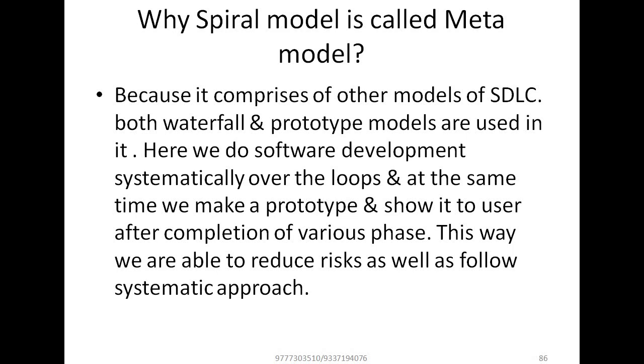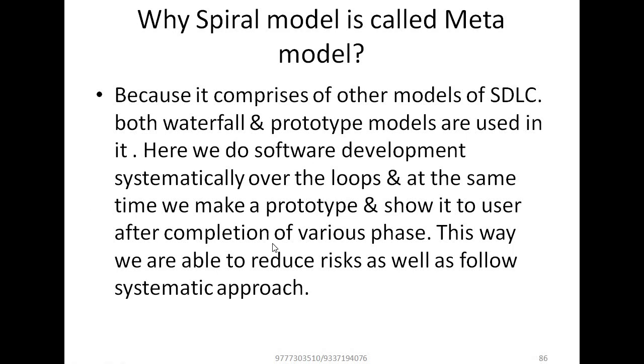In the prototype model, user involvement is there in every step. First we build a prototype and send it to the user. The user can evaluate it. If the prototype is accepted by the user, then the final product is constructed.